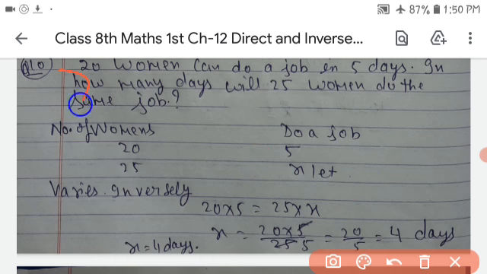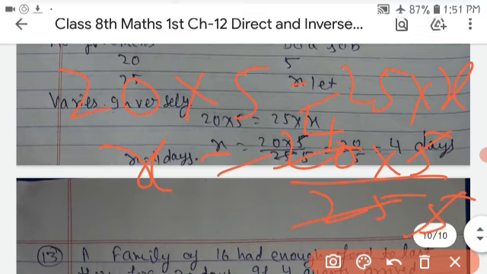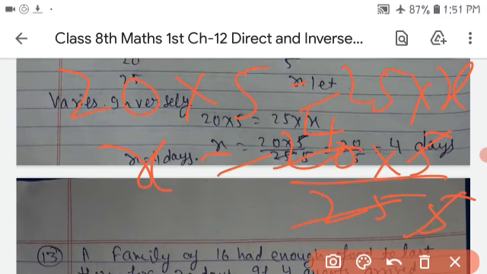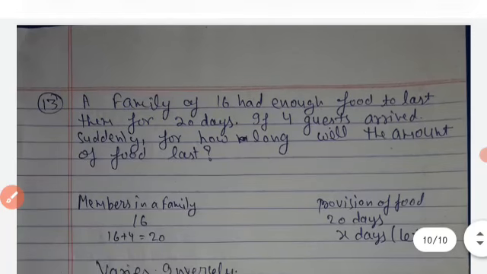So 20 into 5 is equal to 25 into x. Now x is equal to 20 into 5 upon 25. Using the table of 5, 5 5s are 25 and 5 4s are 20. So x is equal to 4 days. The answer is 4 days.